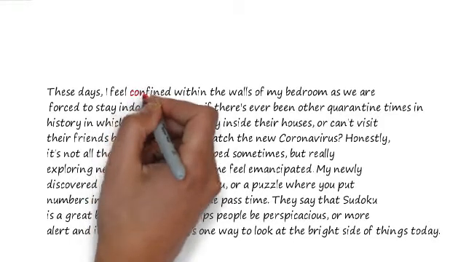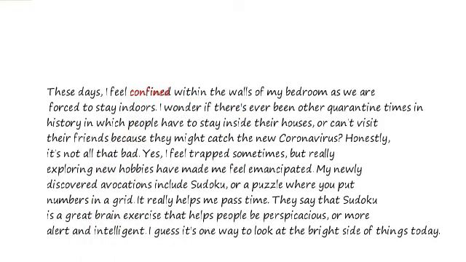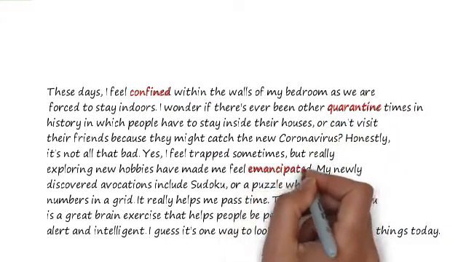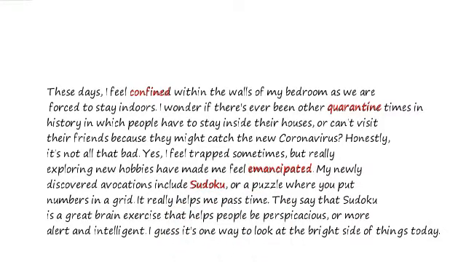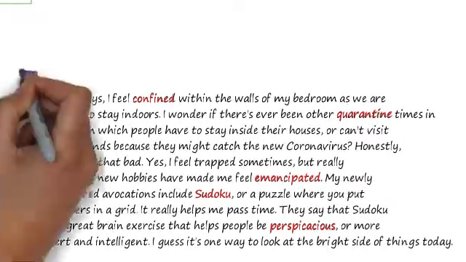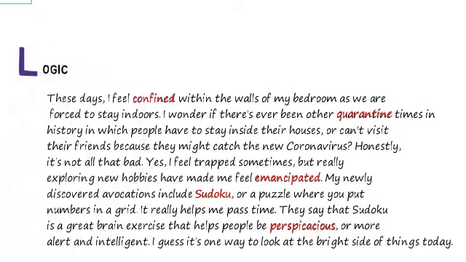Let's go ahead and identify our unfamiliar words. Confined, quarantine, emancipated, Sudoku, and perspicacious. To find meanings to these words, we're going to use our mnemonicleads to help us use context clues to find meanings to these words.